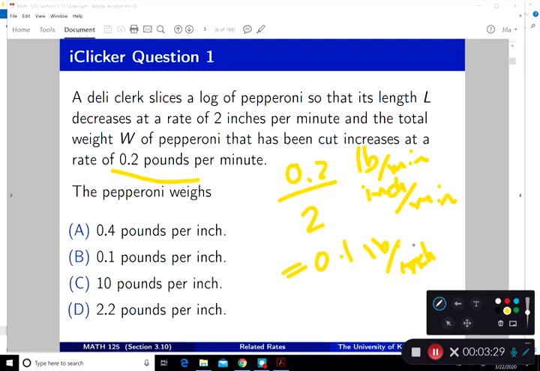So the answer is B. This should give you a little bit of insight into how we do related rates: a rate of change in inches per minute and another in pounds per minute are related to how many pounds per inch we have.